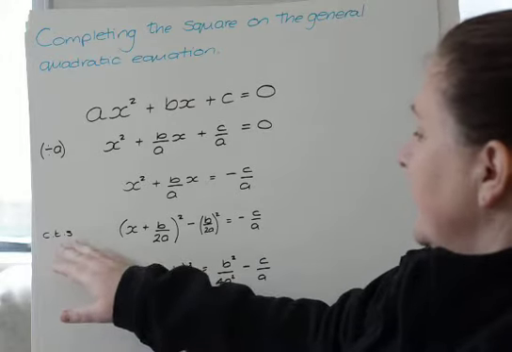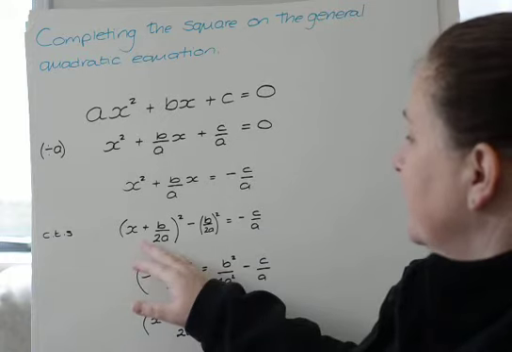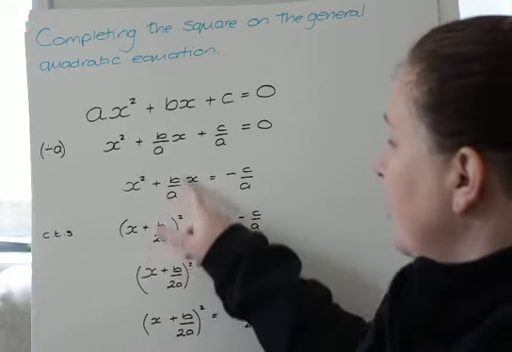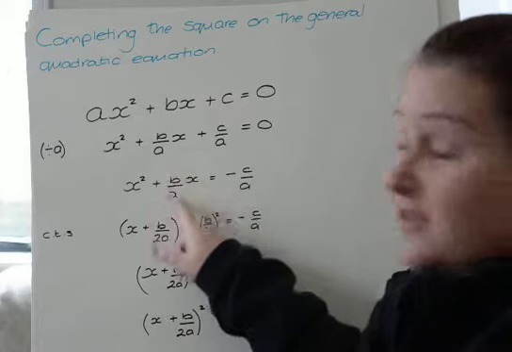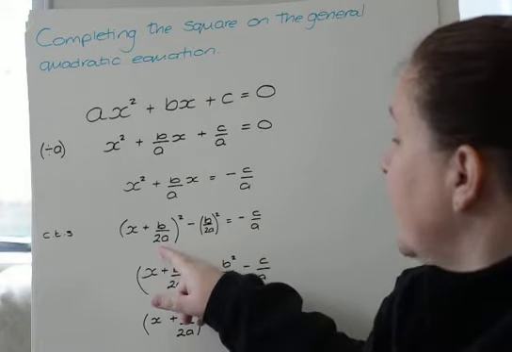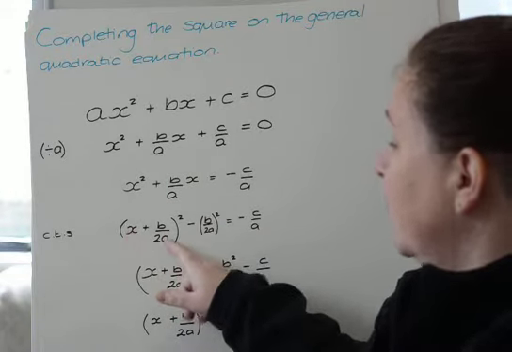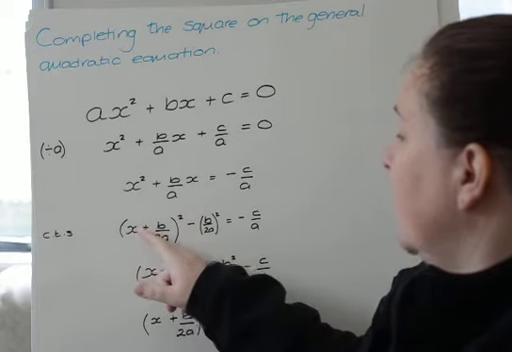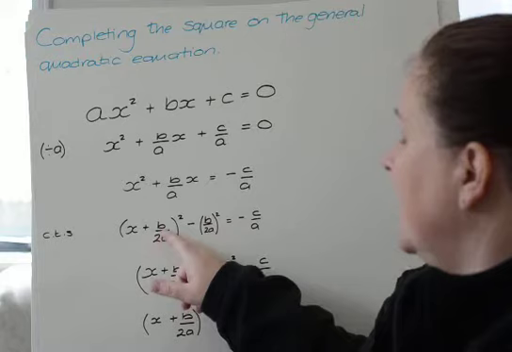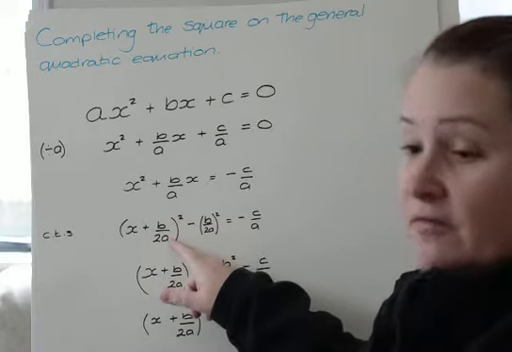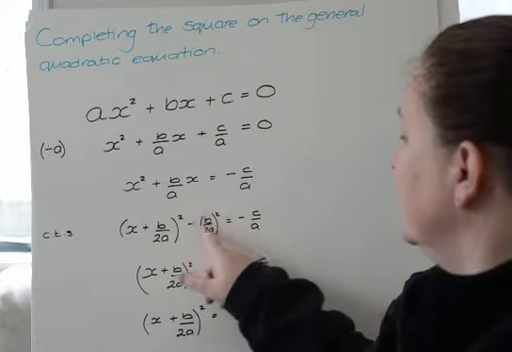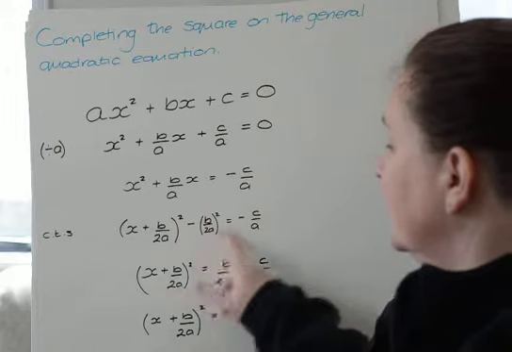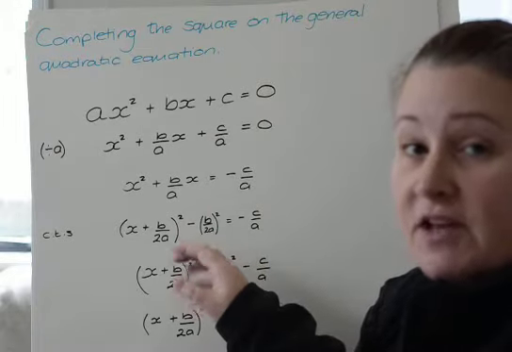Next thing I'm going to do is complete the square. So remember that you take the coefficient of x and halve it, so that's going to give me a 2a on the bottom. Not forgetting, of course, that when I expand this out, I will end up with x squared plus b over a x plus b squared over 4a squared. So I need to include a subtraction for that because obviously that wasn't there in the original equation.